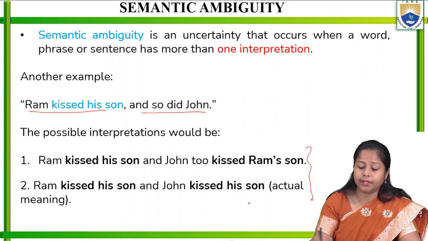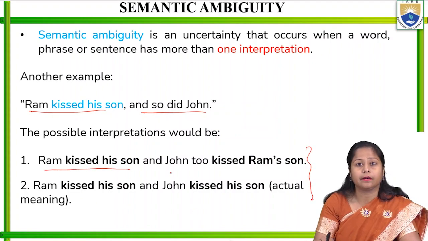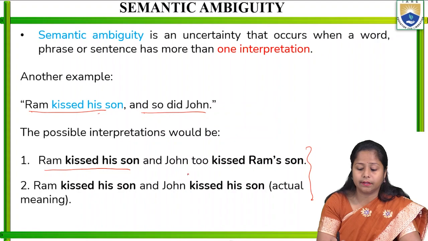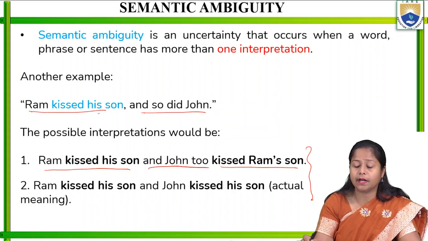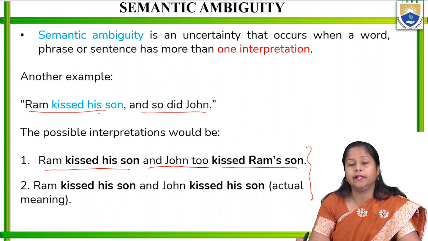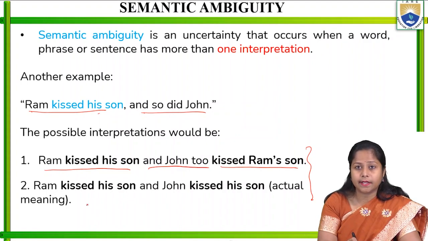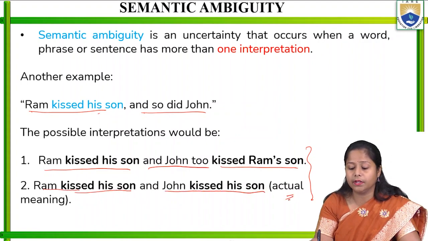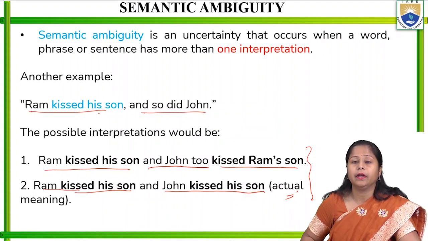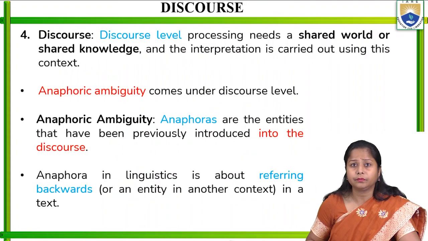The first interpretation is: Ram kissed his son and John too kissed Ram's son. So that is the interpretation of the first sentence. And then the second interpretation: Ram kissed his son and John kissed his own son, the actual meaning of this second sentence. So this type of ambiguity is called semantic ambiguity.